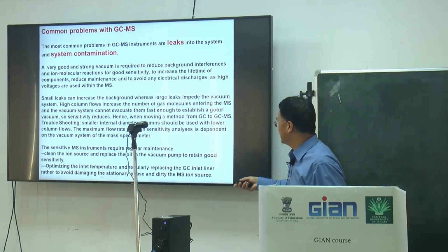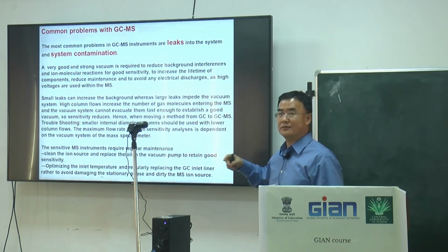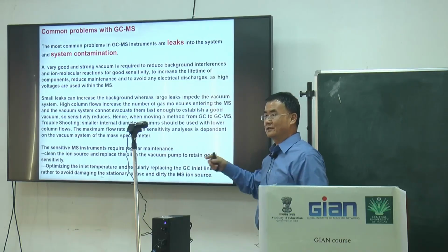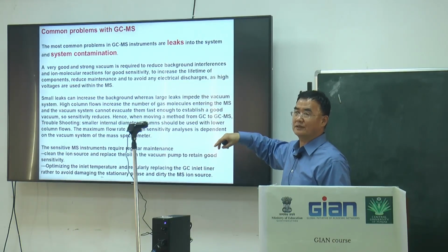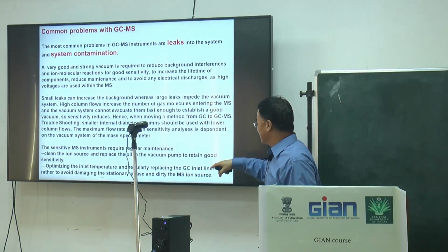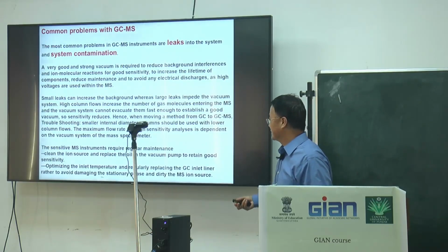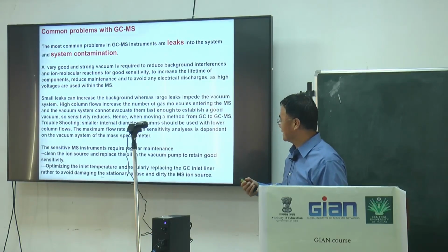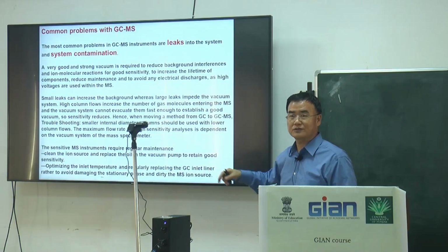Optimizing the inlet temperature: the inlet is where the sample is injected and then carried by the carrier gas into the mass spectrometer. So the GC inlet liner also needs regular replacing, not only for contamination but also for damage to the stationary phase.